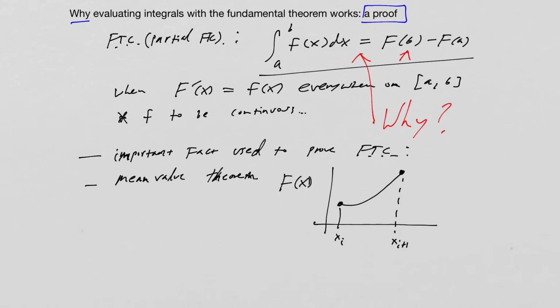What we have to assume is that capital F has a derivative between xi and xi plus 1, so we're able to compute this.